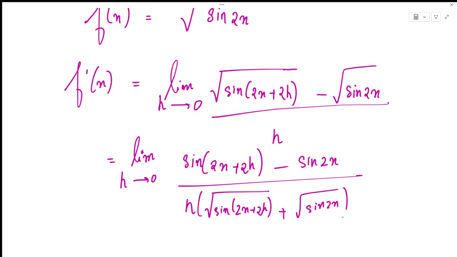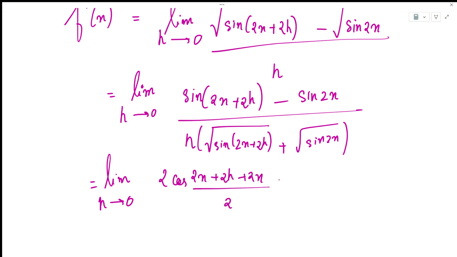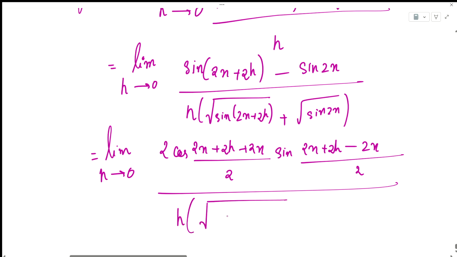If you apply sine C minus sine D on the top, you are going to have 2 cos of (2x plus 2h plus 2x) upon 2, and then sine of (2x plus 2h minus 2x) by 2, and on the bottom we have this h and the denominator part over here, square root of sine of 2x plus 2h plus square root of sine of 2x.